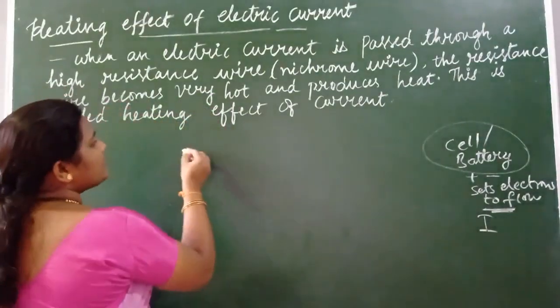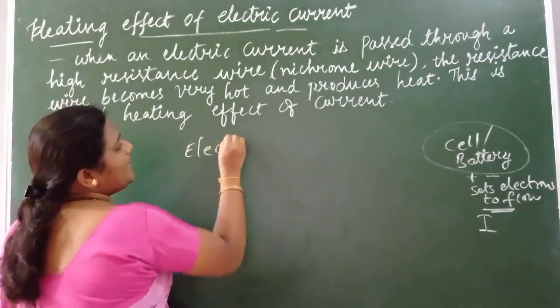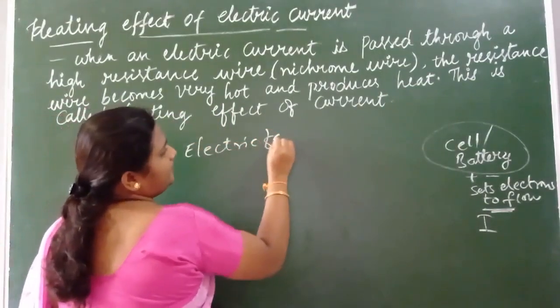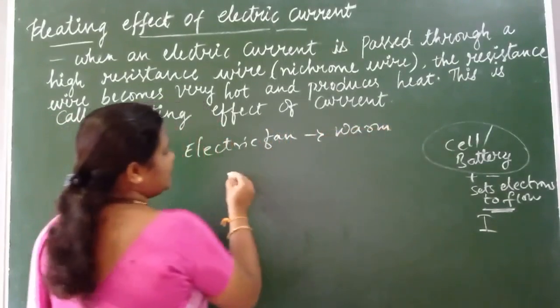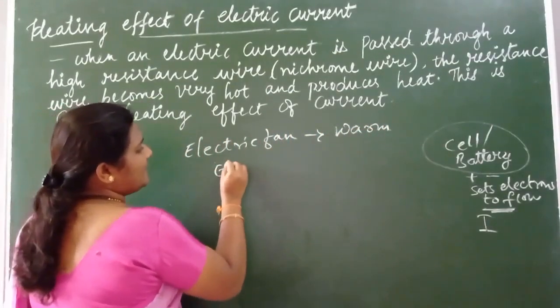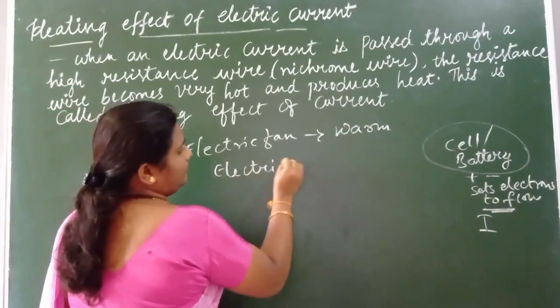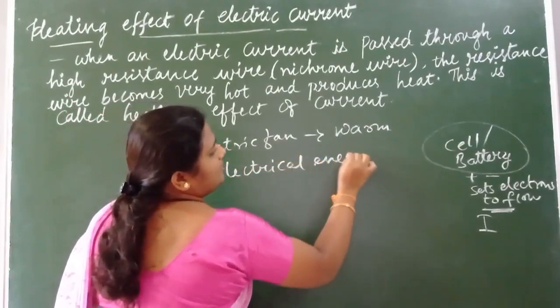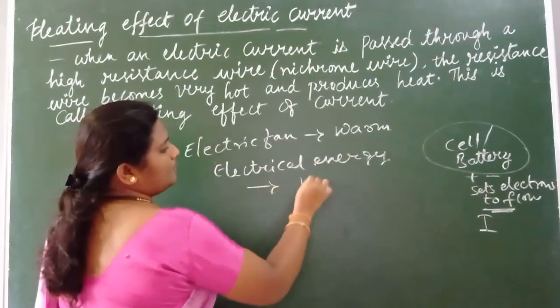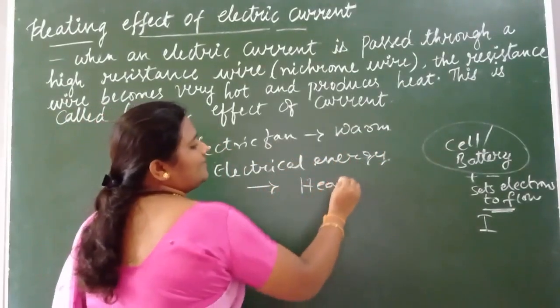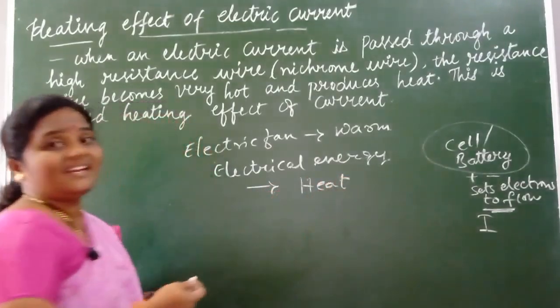So because of that reason, the electric fan becomes warm, meaning the electrical energy is converted into heat energy.